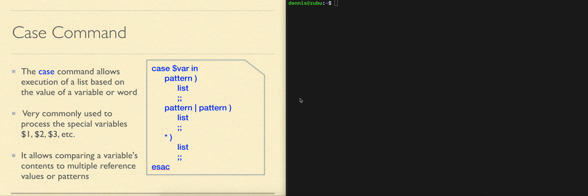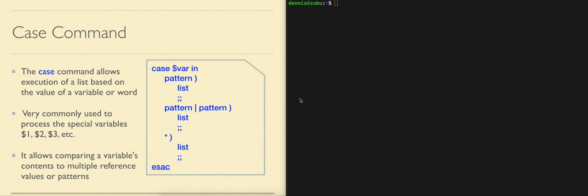Then the keyword in, followed by one or more patterns to test against. If a pattern matches the value inside the variable or being tested, then the list of commands associated with that pattern is executed until we encounter the double semicolon.